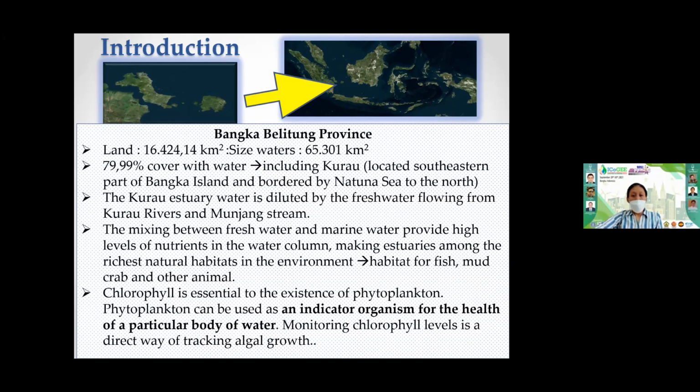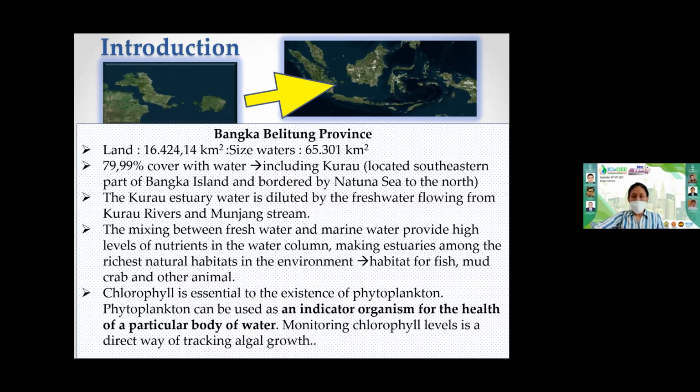That area is habitat for fish, mud crab, and other animals, including reptiles. I chose chlorophyll A because chlorophyll is essential to the existence of phytoplankton.